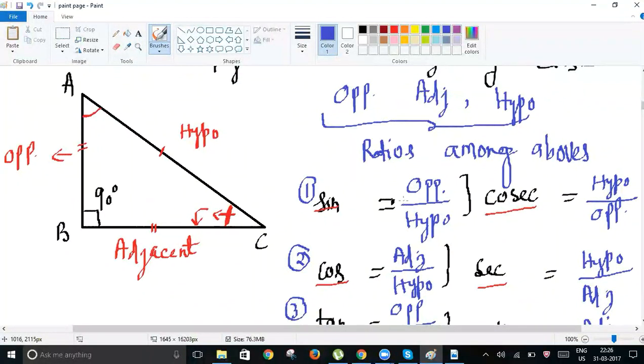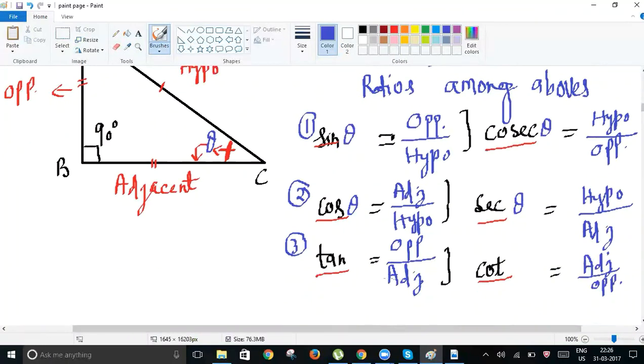It can never calculate a numerical value for us, because if we want to calculate sine, first of all we should know which angle we are talking about. Suppose I take this angle as theta, then I should place theta here. Only then I will be able to calculate the complete ratio. So now my formulas are complete.